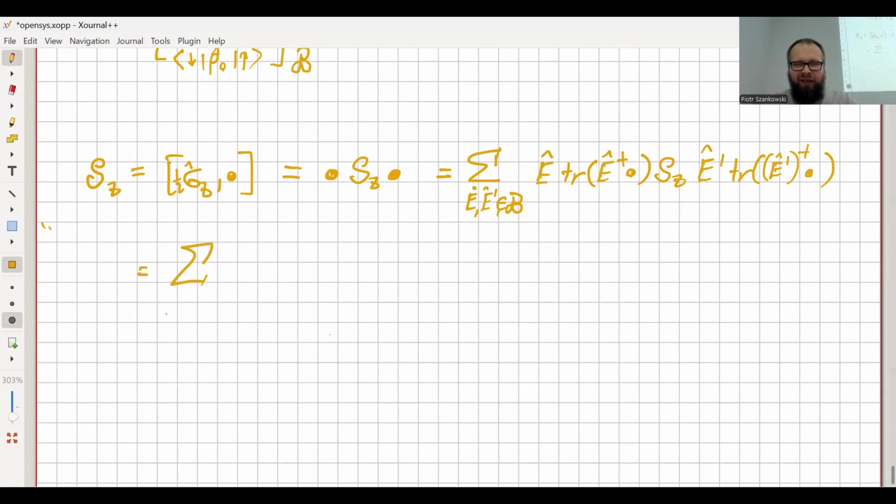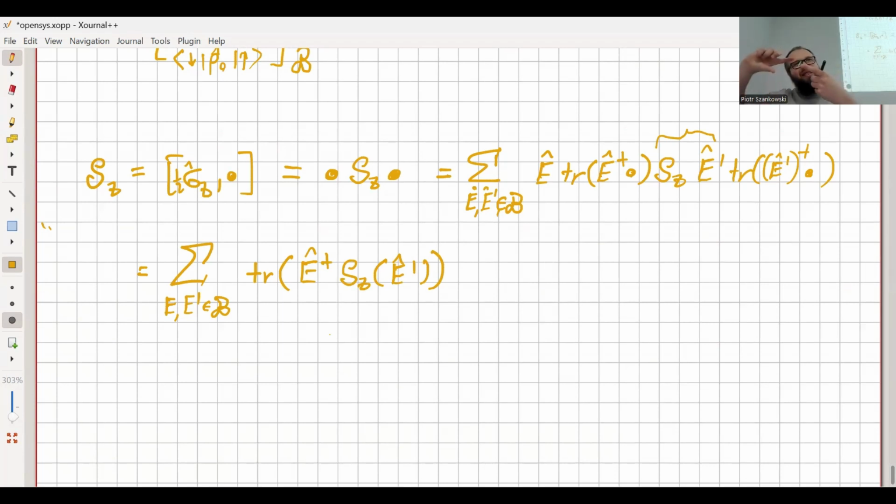And this means you have a sum over E prime, elements of the basis, and you will have here a coefficient: trace E dagger, S Z acting on E prime. So we have here a superoperator S Z, and it has an operator on its right side.